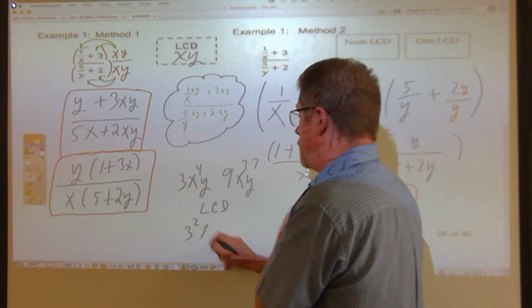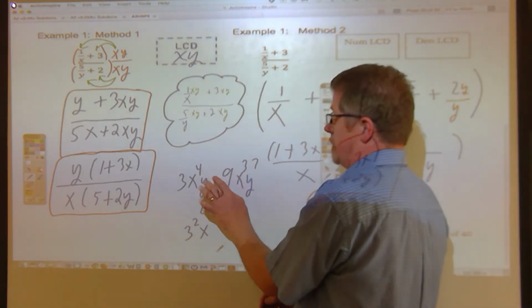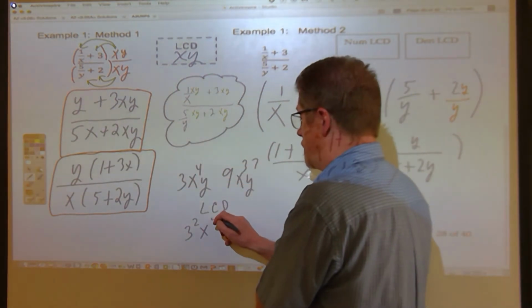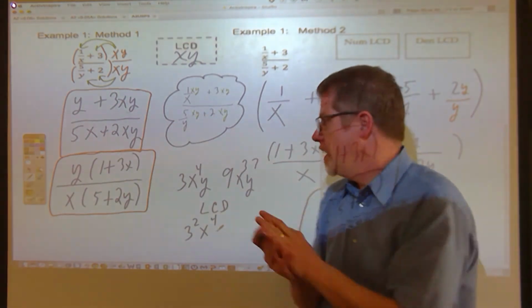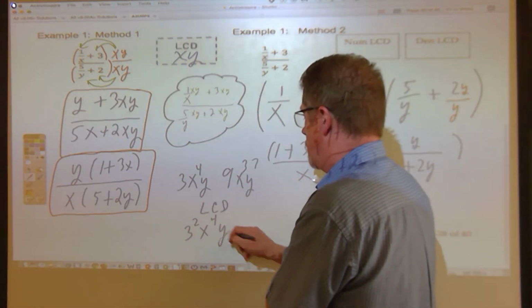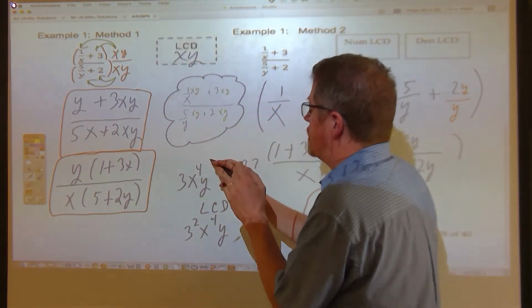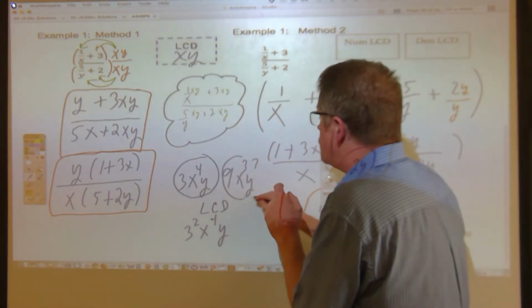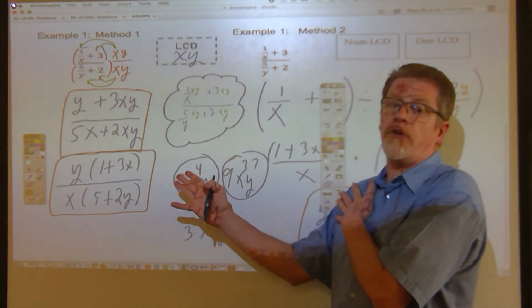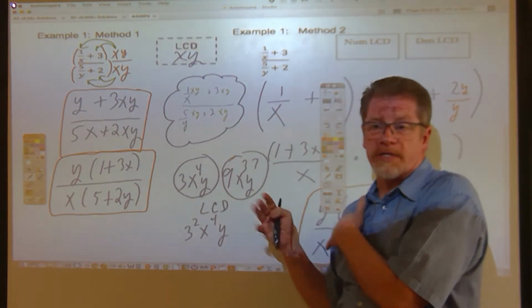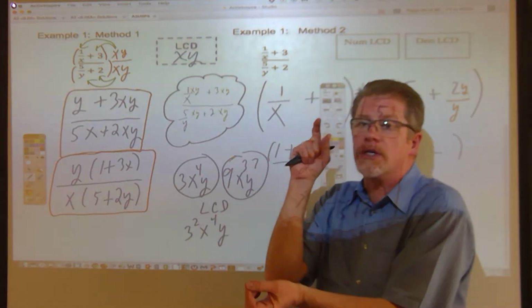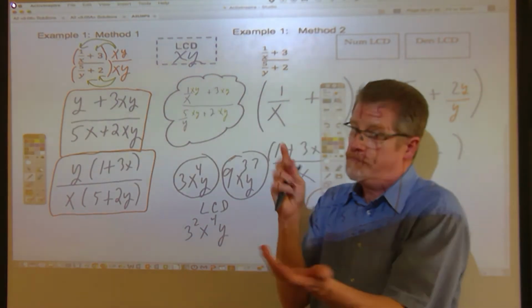Now there's an x in both. Which is bigger, x to the third or x to the 4th? I would have to take the bigger of the two, 4, and they both have a y. But again, I need to make sure that when I look at both of the denominators, all of the prime factors from both denominators are represented with their largest exponent.